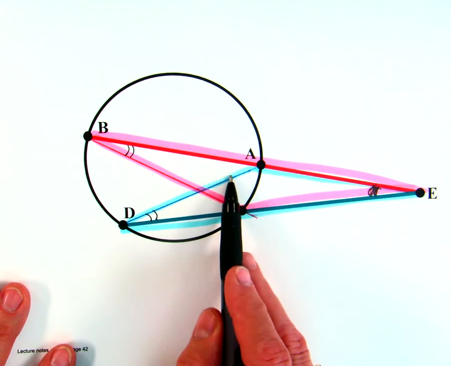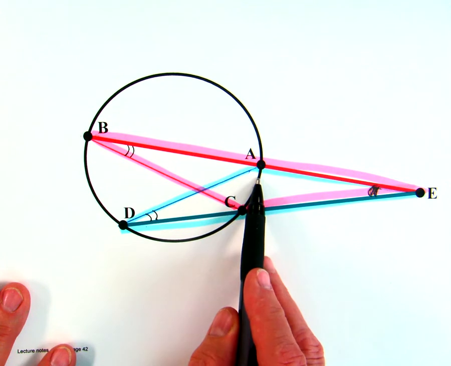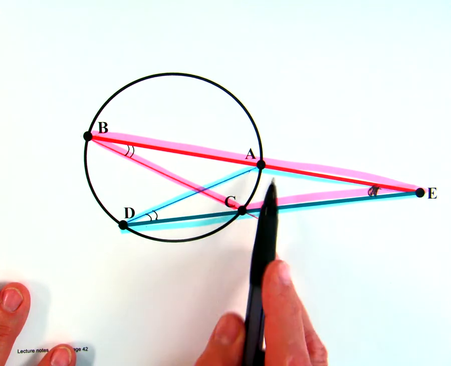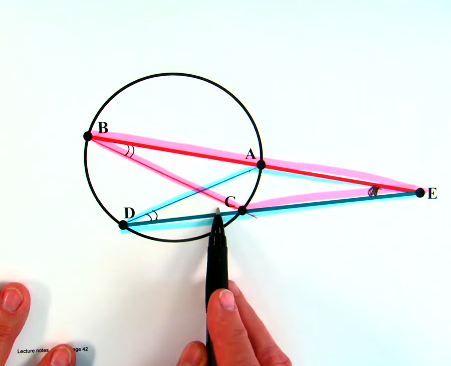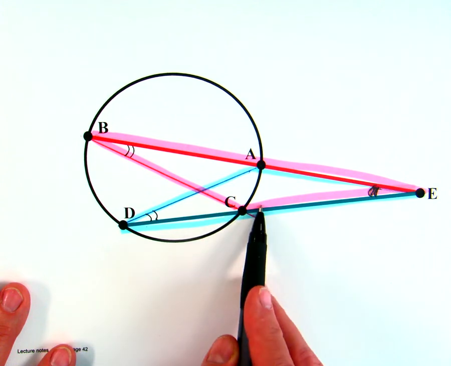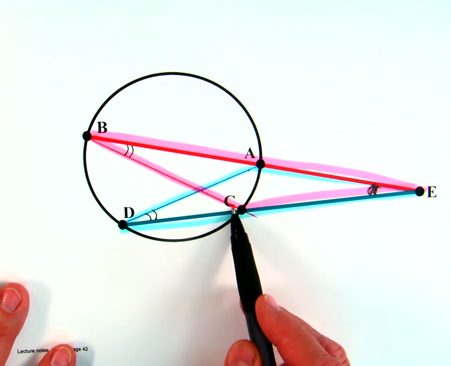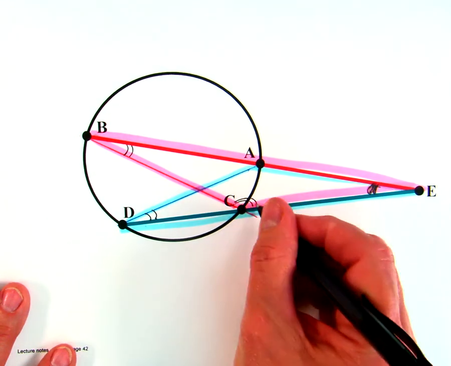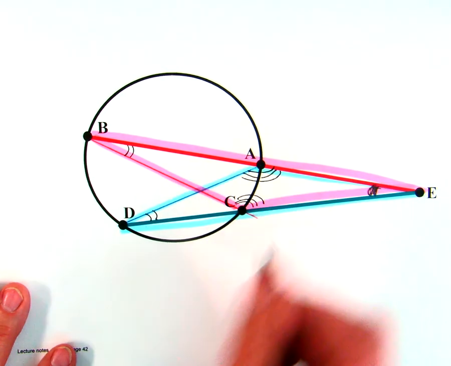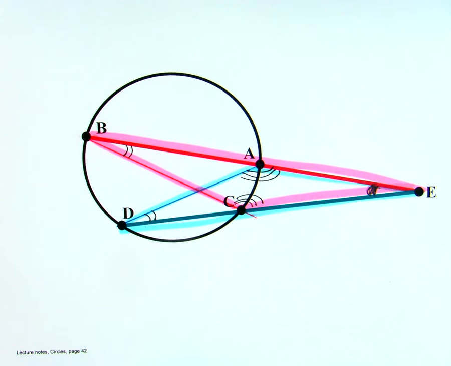That gives us the angle at A that's not inside, but it is supplementary, and the angle that's not inside at C is also supplementary to the angle that we want. So we have angles that are supplementary to angles that are congruent to each other. So we also know that these are congruent. Overkill.